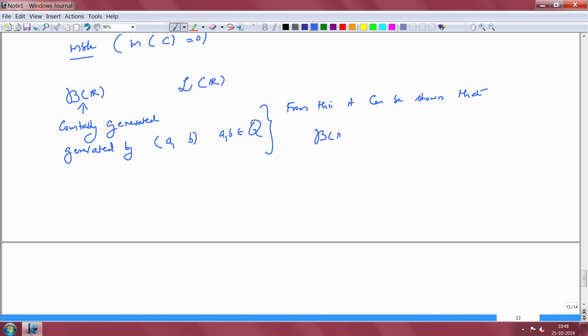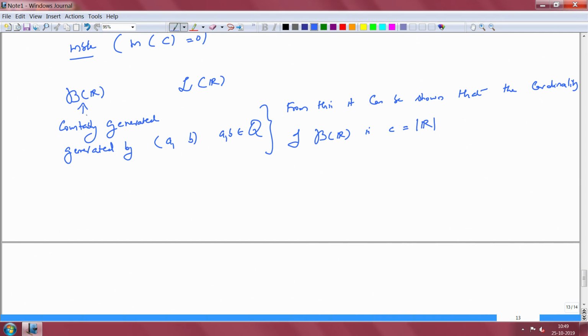The cardinality of B of R is c. So, the small c is the cardinality of the real line, uncountable, the first uncountable number if you like.